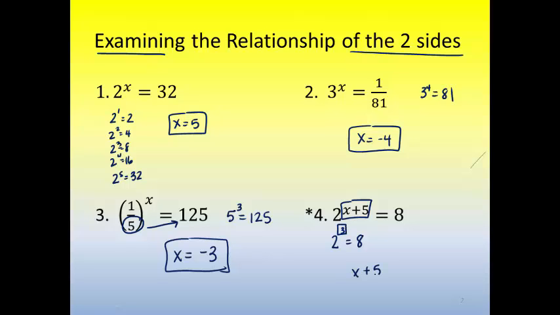So I kind of have to set up a second equation, and it may be more complicated than this one, but it is a second equation that allows me to solve for x rather than just solve for the position of the exponent. So in this case, x equals negative 2. And let me take you back. That doesn't mean that 2 to the power of negative 2 equals 8. It means that when I substitute in a negative 2, it satisfies this equation.